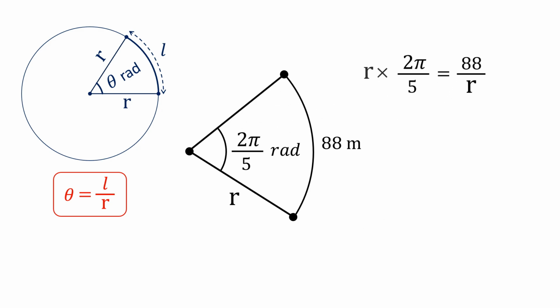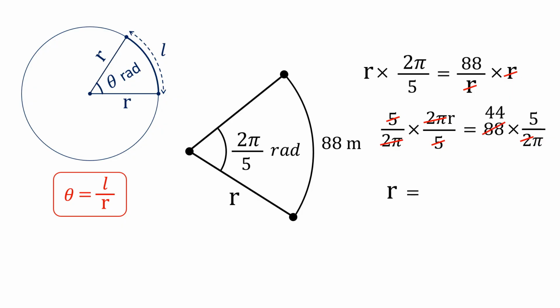Multiplying both sides by r, we get 2 pi r by 5 equals 88. Now multiplying both sides by 5 over 2 pi, we get r equals 220 divided by pi, taking pi as 22 by 7. R, which is the length of our rope, is equal to 70 meters.